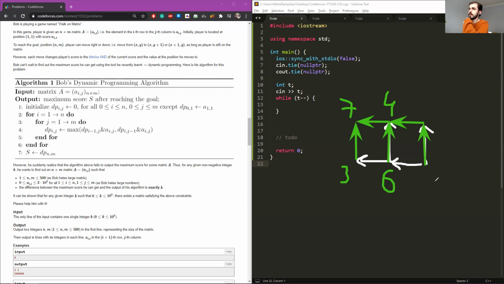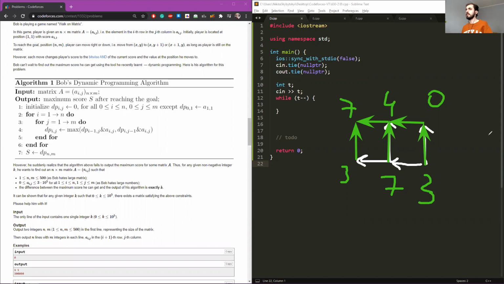Then we should keep lower bits here. Say 2. I don't know, we can put anything here like 0. Actually, here you can put 7 and here you can put 3.